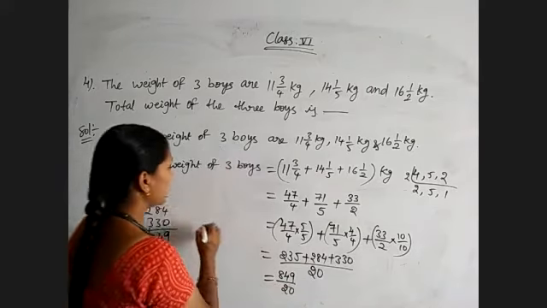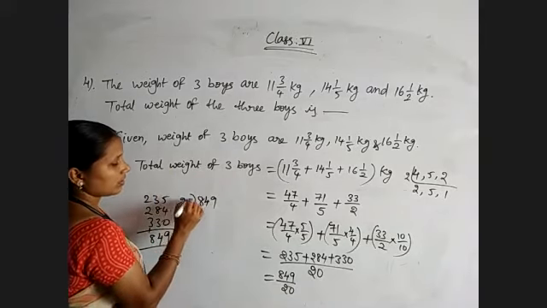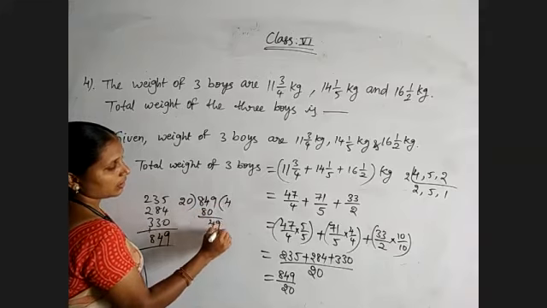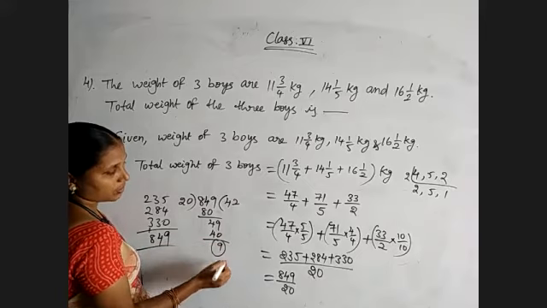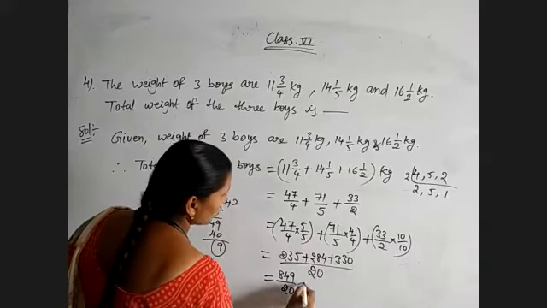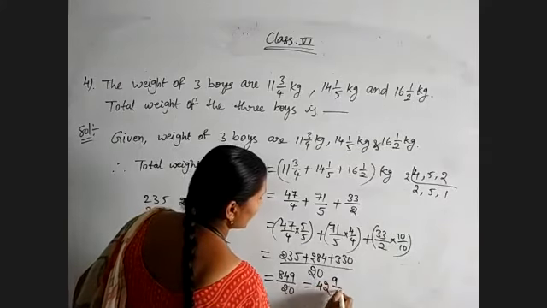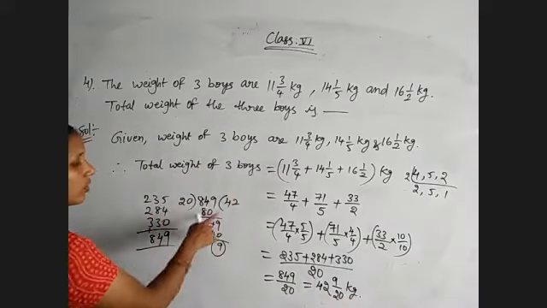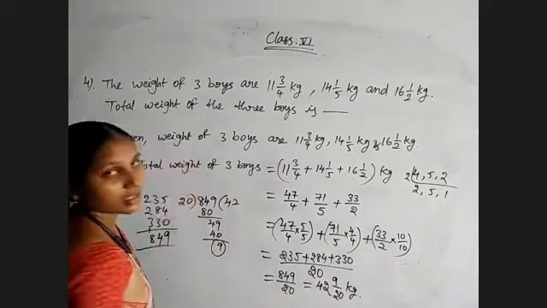So go through with the division to convert it into mixed fraction. 20 4s are 80. 49. 20 2s are 40. 9 is left over. So 42 and 9 by 20 kilograms. Okay. Quotient, remainder, divisor.